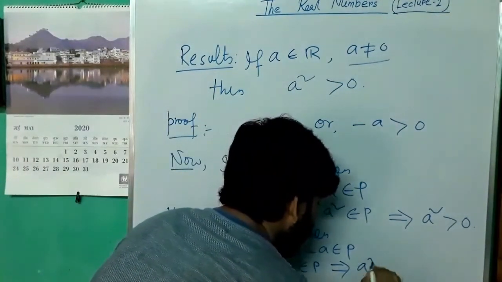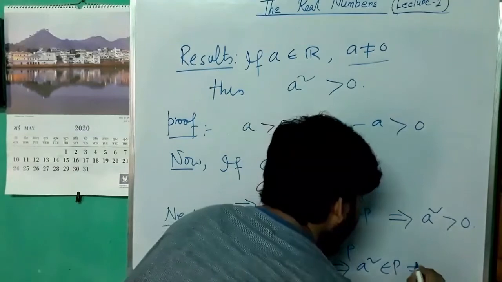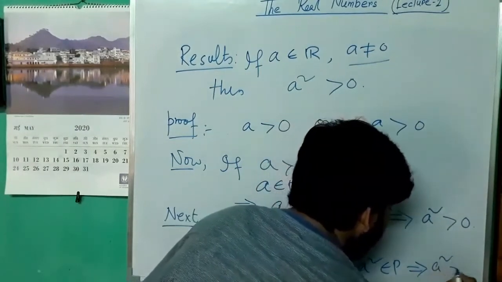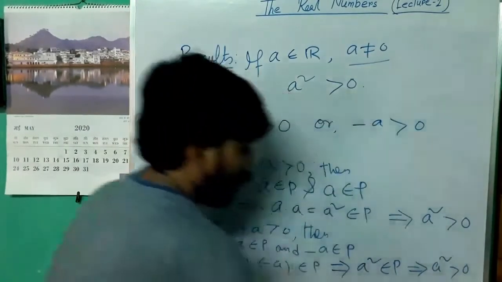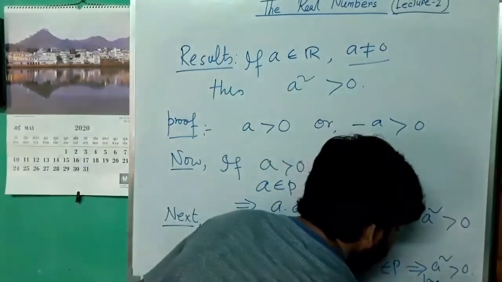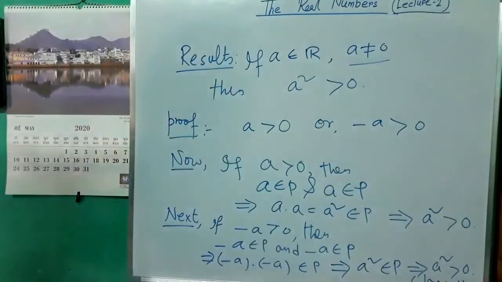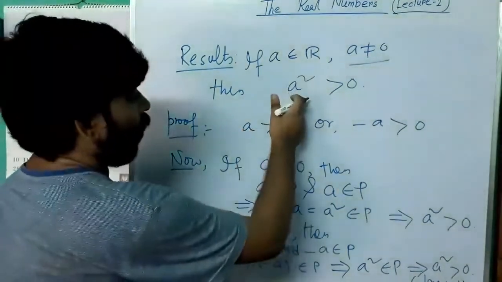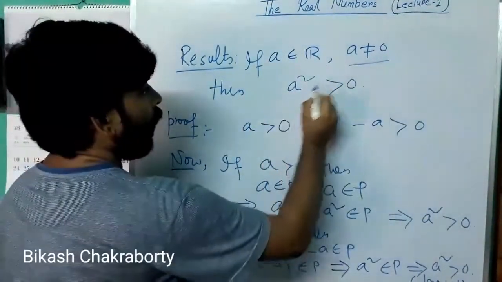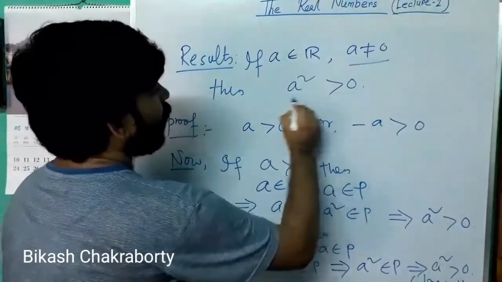So A square belongs to P, and this implies A square is positive, and this completes the proof. A very important result, that the square of any non-zero real number is strictly positive.